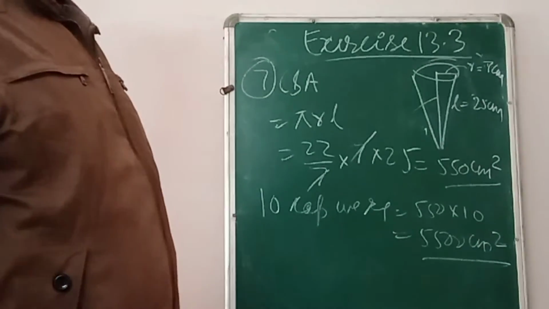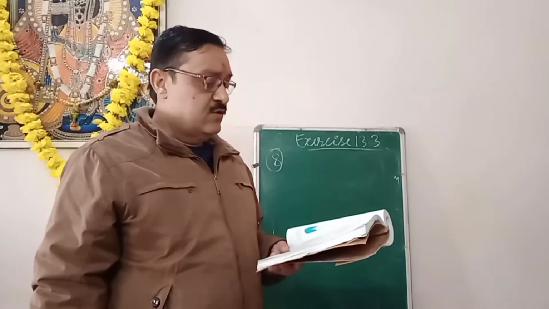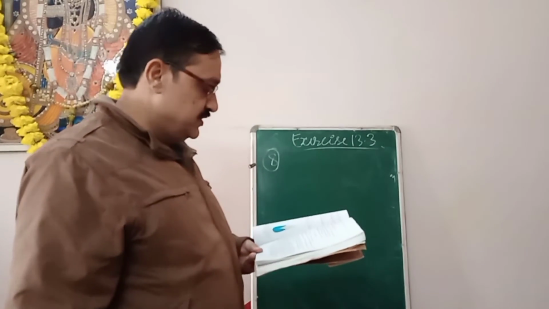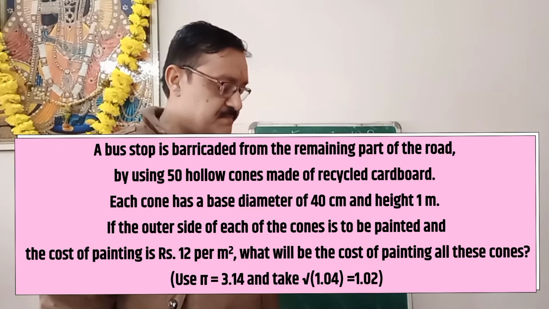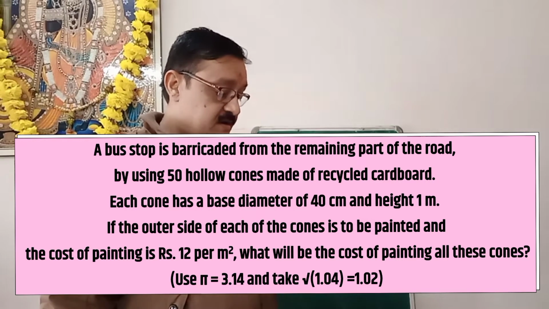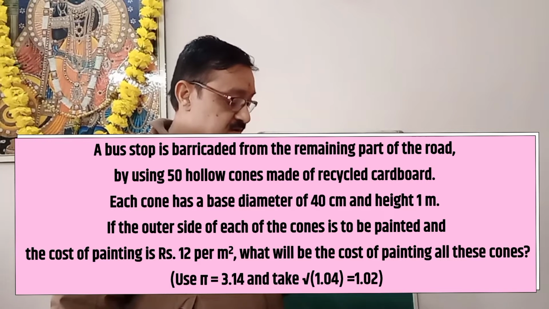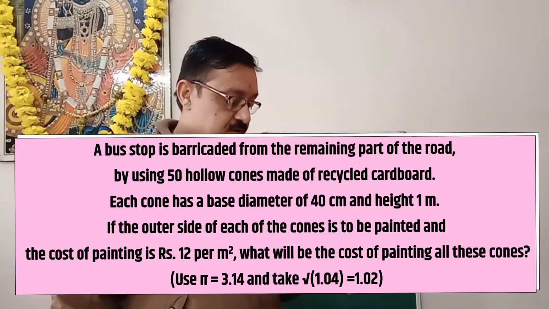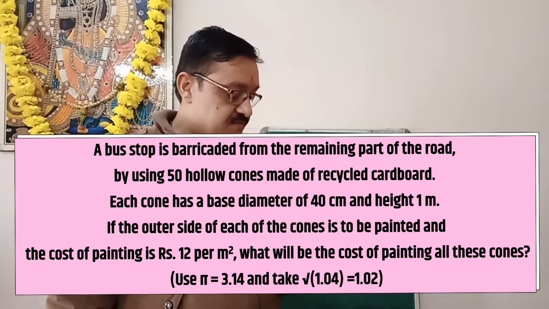This is about the 7th problem. Now coming to the 8th and the last problem of this exercise 13.3. A bus stop is barricaded from the remaining part of the road by using 50 hollow cones made of recycled cardboard. Each cone has a base diameter of 40 cm and height 1 meter.